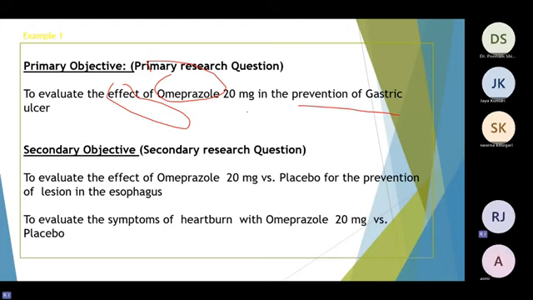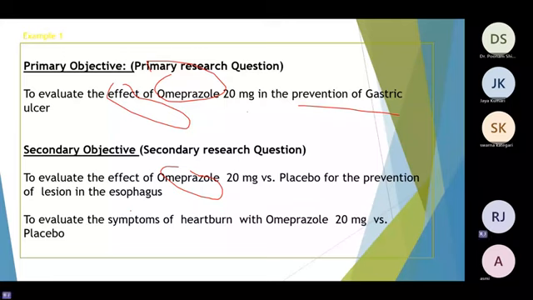But along with this primary goal, I can do some other things also, right? Anyway, I'm doing the clinical trial. I may have some other questions in my mind that I want answers to. So my secondary objective might be that I want to see whether my drug can prevent lesions in the esophagus also or not.